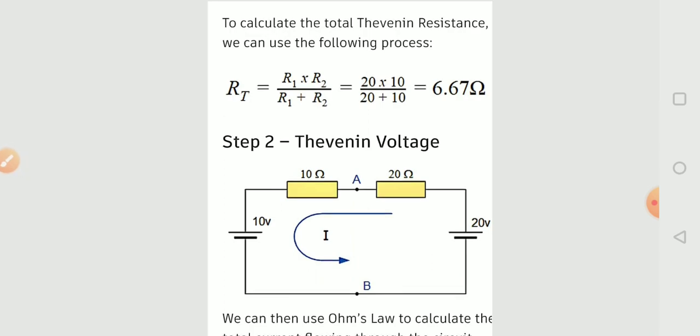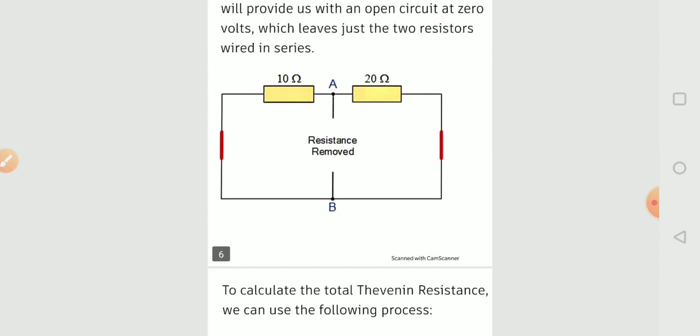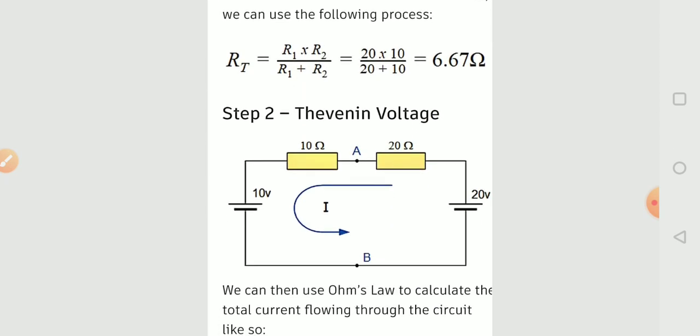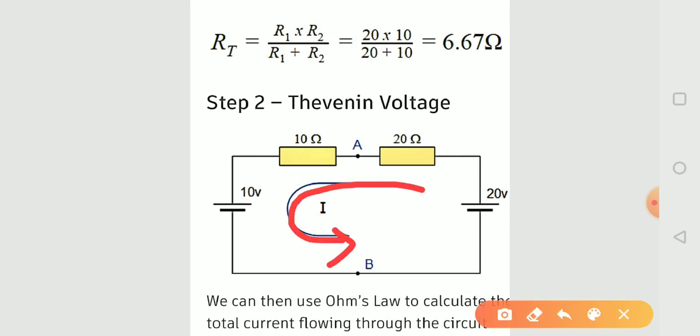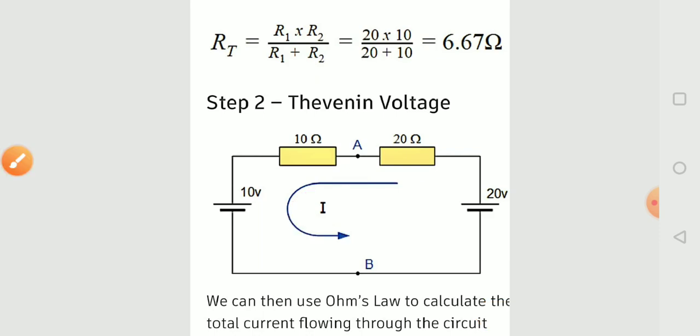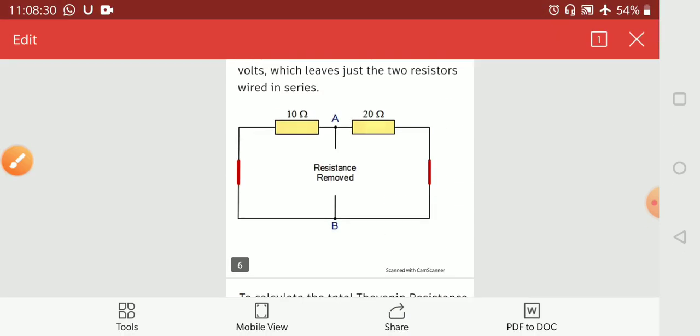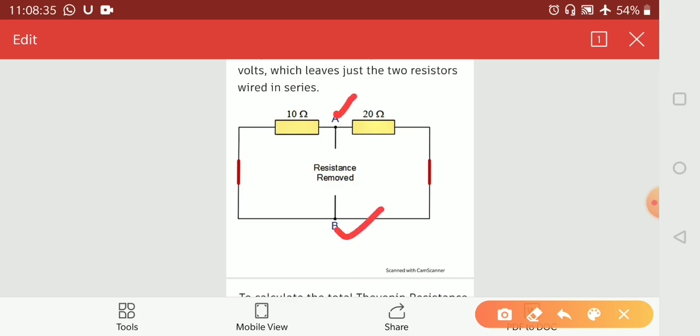But to calculate Thevenin's resistance, we can use the formula for resistance. Here it looks like these resistances are in series, but with respect to terminals A and B, we can see that both resistances are in parallel.